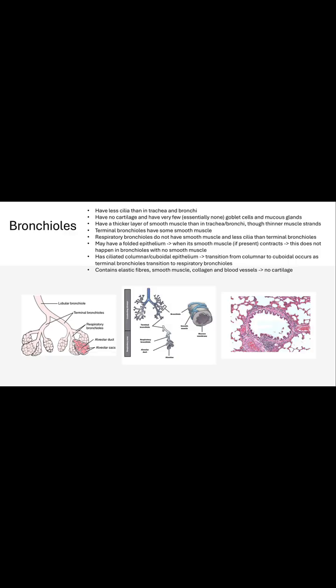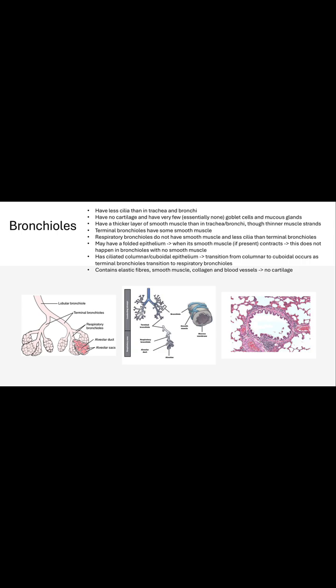And since we're lacking those in the bronchioles, and as I've said previously, they get smaller and smaller, the walls get thinner as well. The terminal bronchioles have some smooth muscle, but respiratory bronchioles do not, and they have less cilia than terminal bronchioles. So, like I've said, the wall is thinning as you go closer to the alveoli.